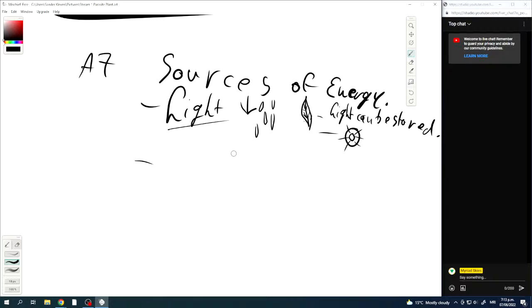Cool. The other energy source in A7 is, of course, magic. Magic is a more direct energy source because it can be turned into different types of energies, basically.